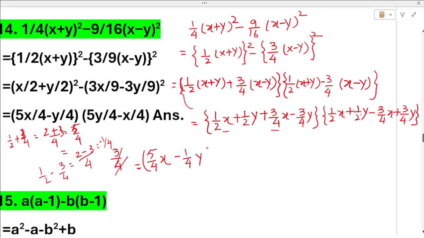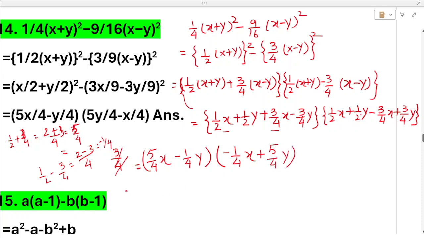One bracket, another bracket. 1 by 2 minus 3 by 4 becomes minus 1 by 4, so it becomes minus 1 by 4 x. Now half means 1 by 2 y plus 3 by 4 y will become plus 5 by 4 y.